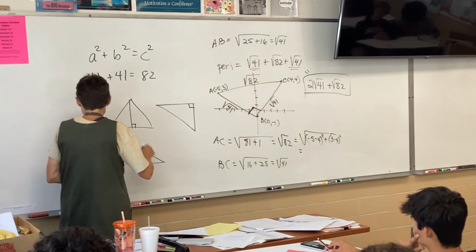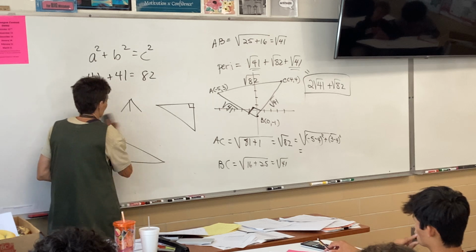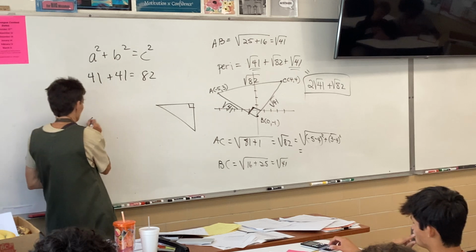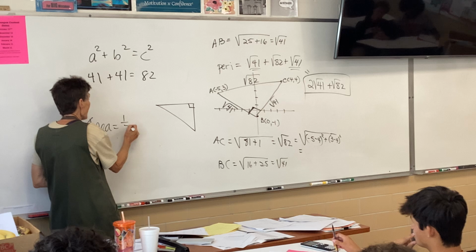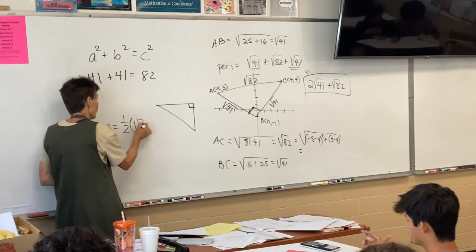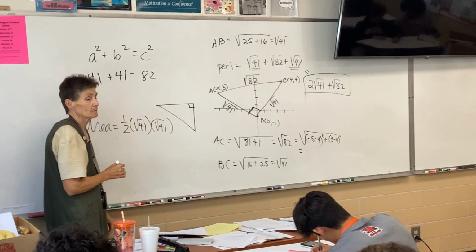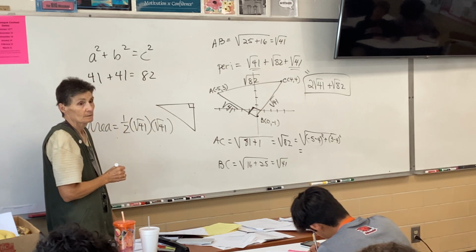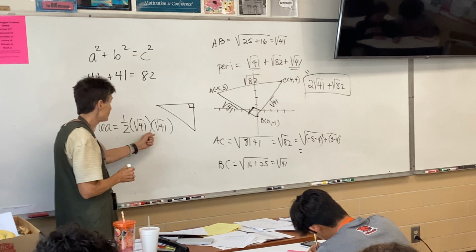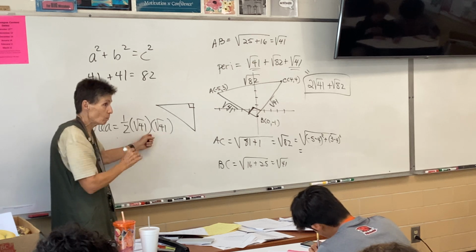So my area is gonna be 1/2 root 41 times root 41. And these two times together make 41.